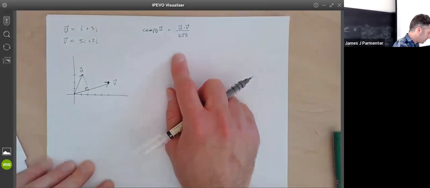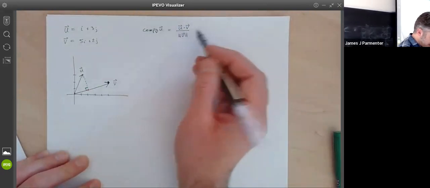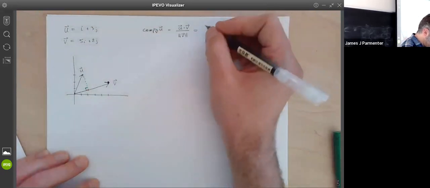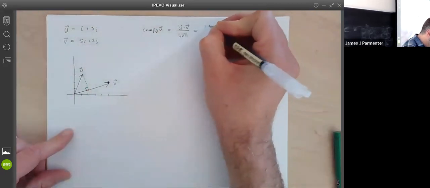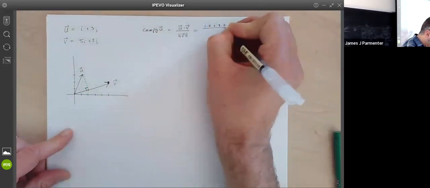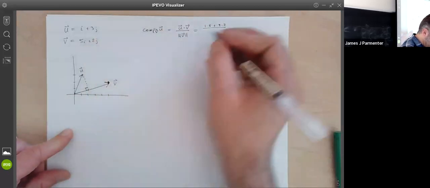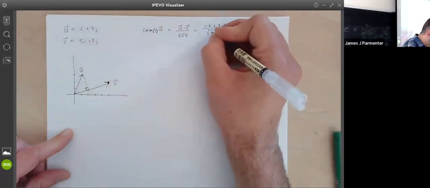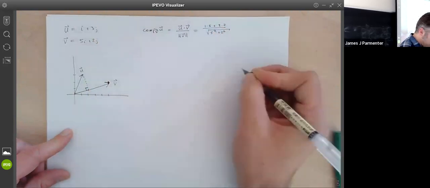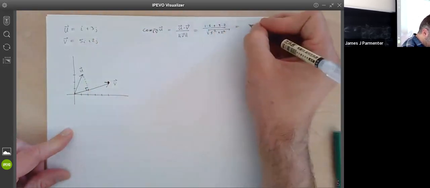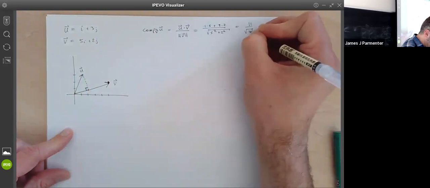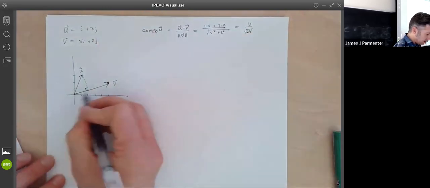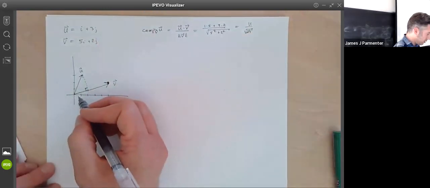But this is also fine. So u dot v is 1 times 5 plus 3 times 2, over the magnitude of v, which is the square root of 5 squared plus 2 squared. We get 5 plus 6, which is 11, over the square root of 29. So that's how long the projection of u is going to be.